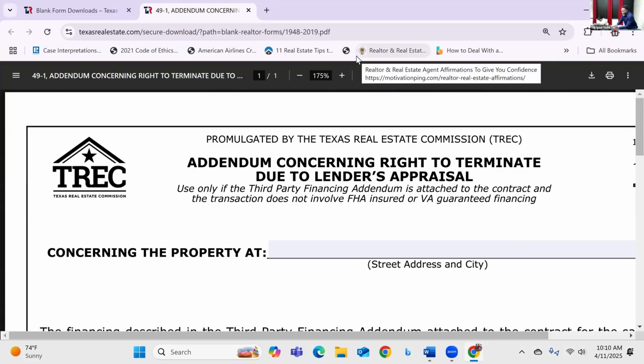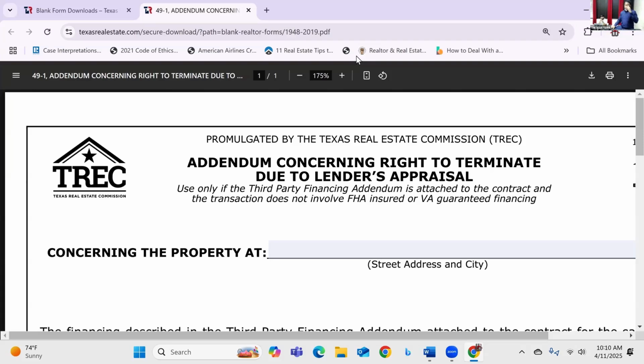The reason you can't use this form is because it's a government-backed loan, and they have to have the right to terminate if it doesn't appraise. Simply put, FHA and VA buyers have to have the right to terminate if it doesn't appraise.